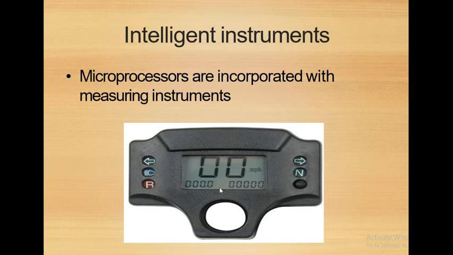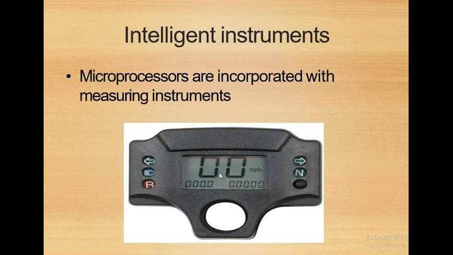You can use this display or system for measurement of speed, but at the same time, if you want to display temperature, you can incorporate an LM35 sensor as a temperature sensor. You have to use an analog to digital converter, and then it is given to the microprocessor, which will process that signal and display it.